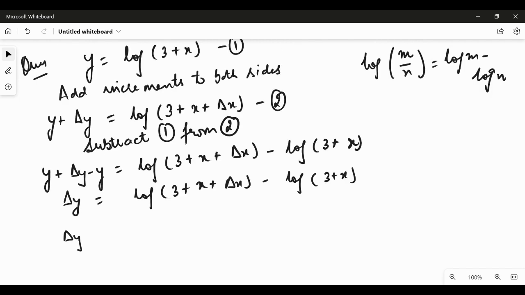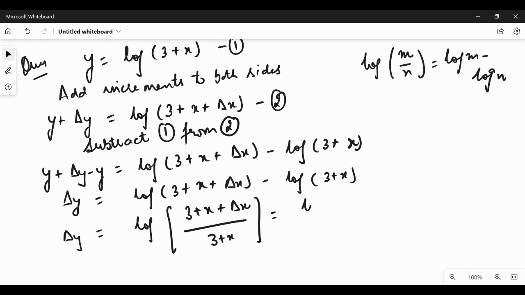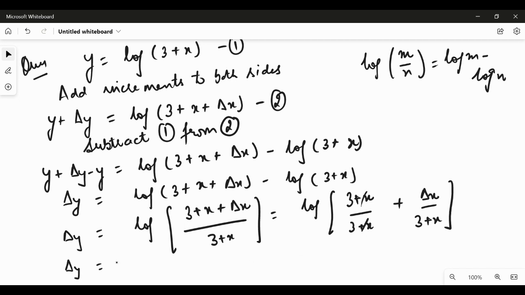Okay. Now how will I write this? Delta y is equal to log of (3 plus x plus delta x) divided by (3 plus x). Okay. Or I can write it in this way, log of (3 plus x) divided by (3 plus x) plus delta x divided by (3 plus x). So if I cancel, we will get 1. So delta y is equal to log of 1 plus delta x upon 3 plus x.